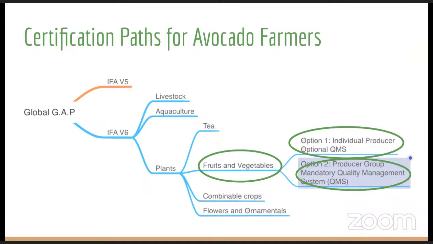So, as I said, we have the Integrated Farm Assurance program that Global Gap runs, and they have different versions. Until last year, they were at version 5. And as of September of 2022, they introduced version 6. There are a number of things that have come in version 6, including things like biodiversity that they'll want to see compliant farmers aligned to.